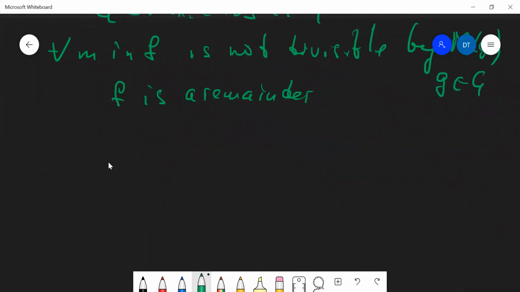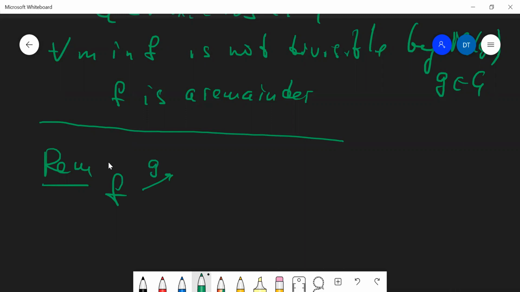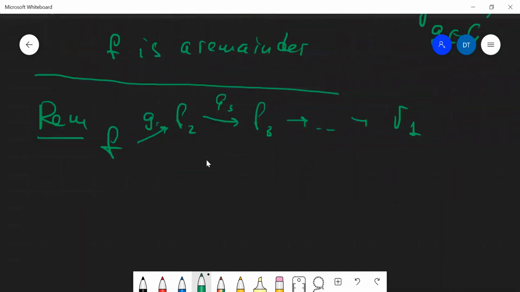Now a remark, if we are given a polynomial f, we may reduce it in one way and get some remainder 1. Or we may reduce it in a different way, probably it requires a different amount of steps, we will get a remainder 2.